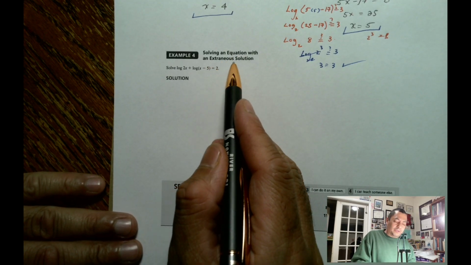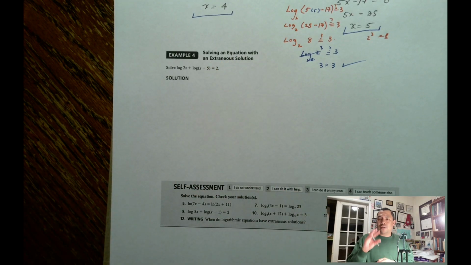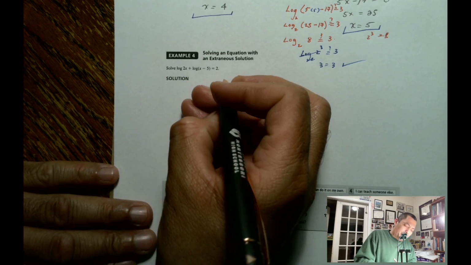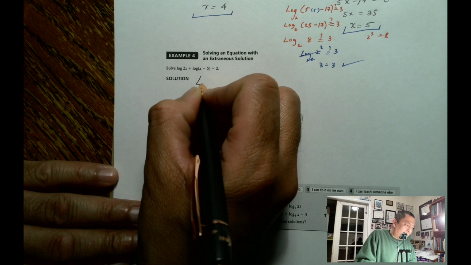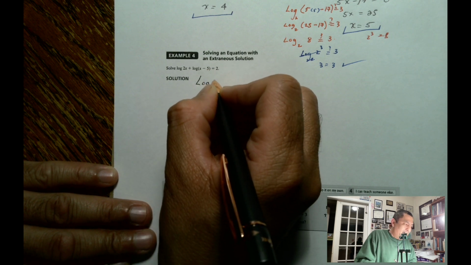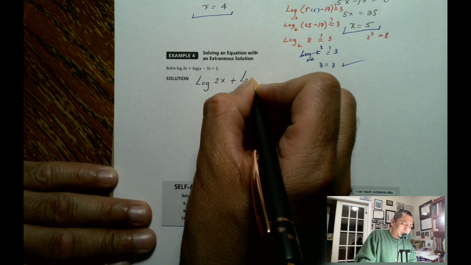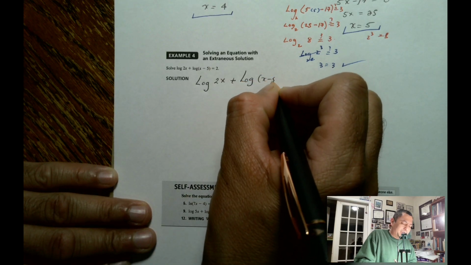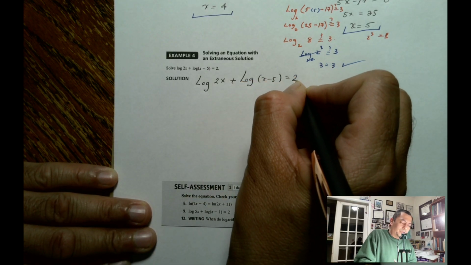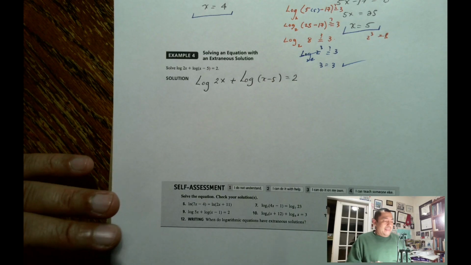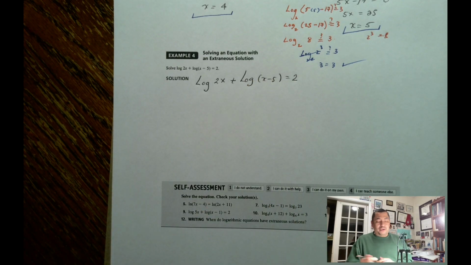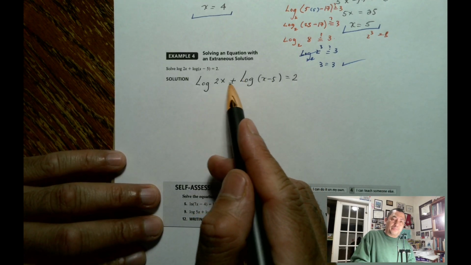Now, we are going to have one example where we have what we call an extraneous solution. That means one solution that does not work in our equation. So the example is log base 10 of 2x plus log of x minus 5 equals 2. If I use the product property of logs, I can condense the beginning of the problem.